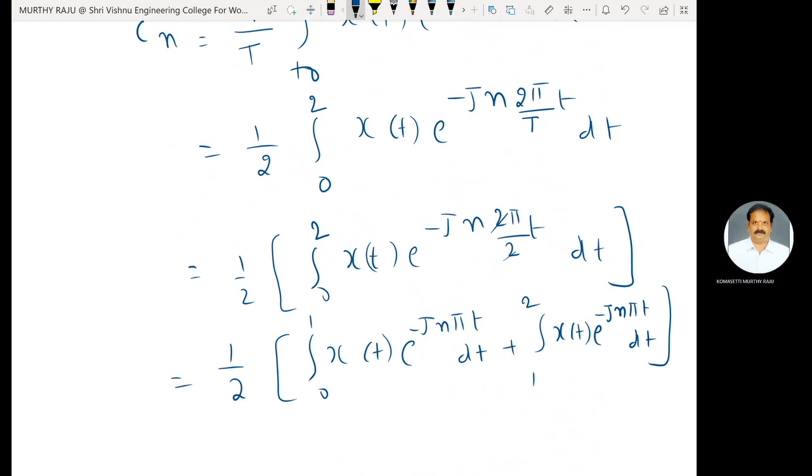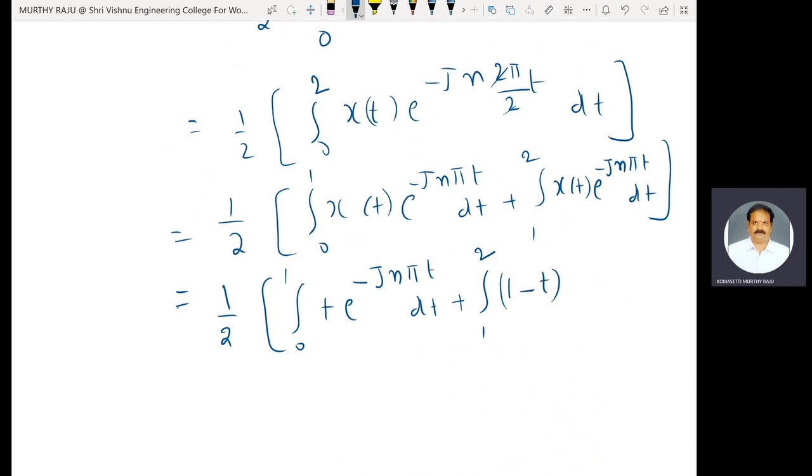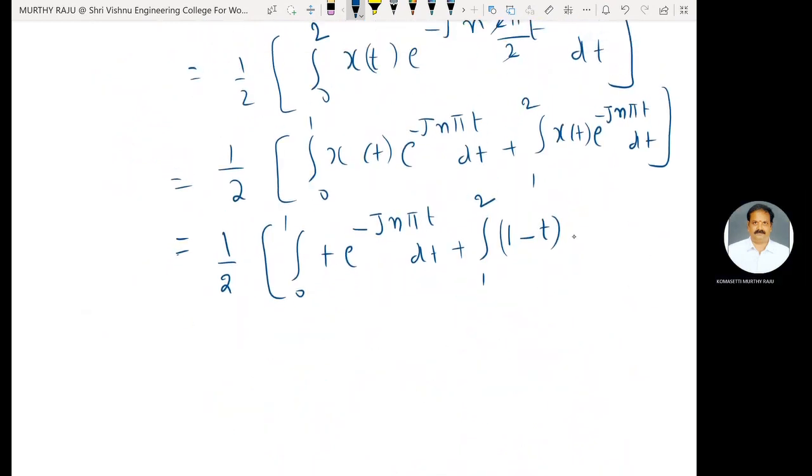Here 1 by 2, integral 0 to 1, x of t is t, e power minus j n pi t dt, plus integral 1 to 2, x of t is 1 minus t, already determined, e power minus j n pi t dt.